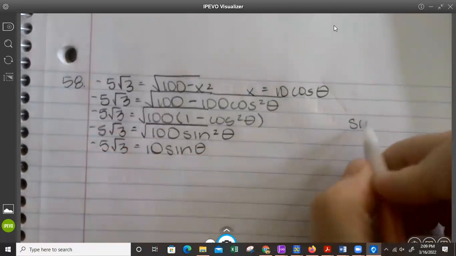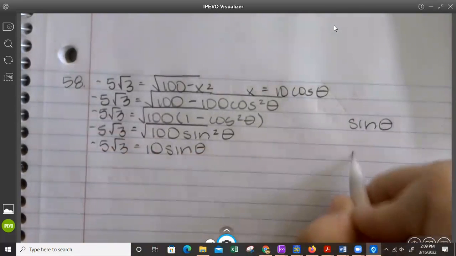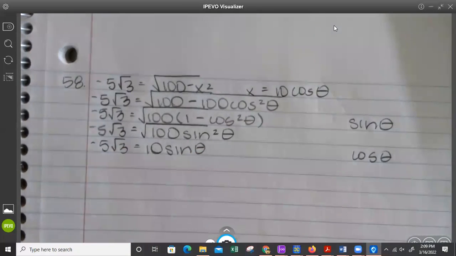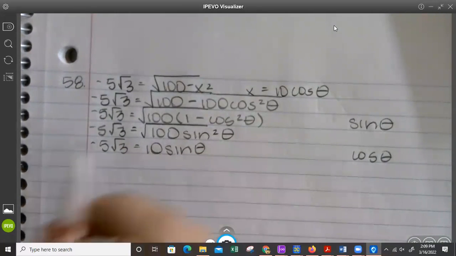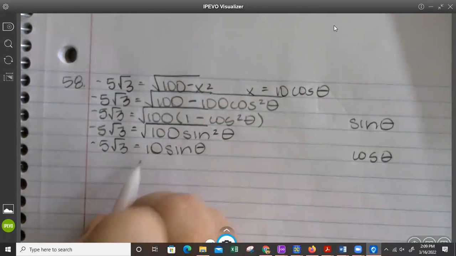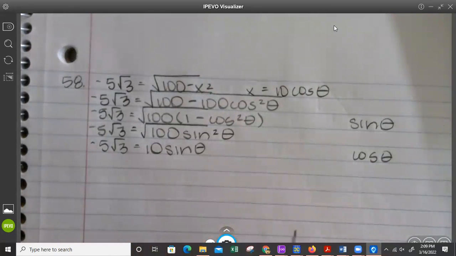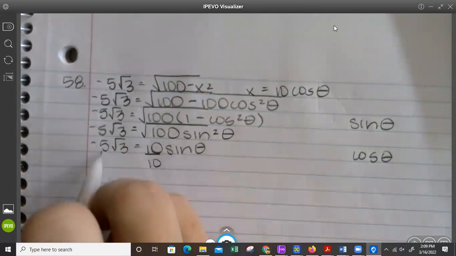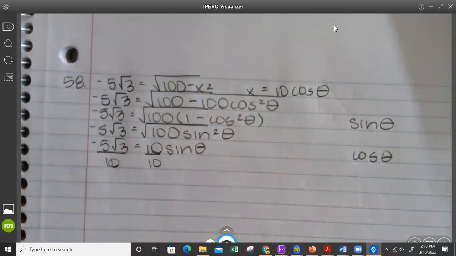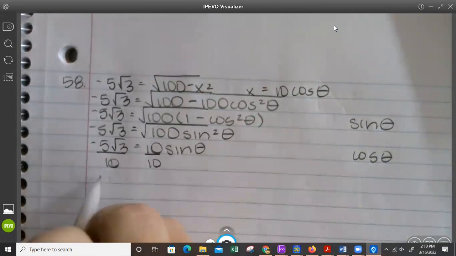It asks you to find sine theta and then cosine theta. So how do I find sine theta right here? Divide by 10. Do regular problems, guys. It's not anything any different. Reduce it, and what do I get?